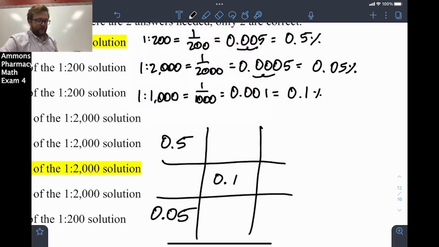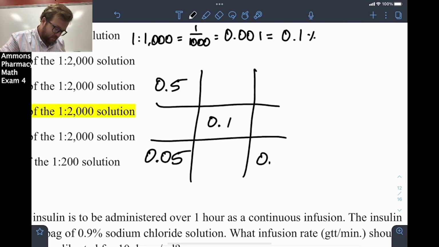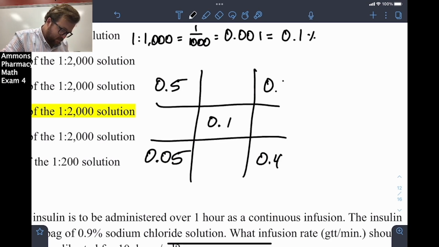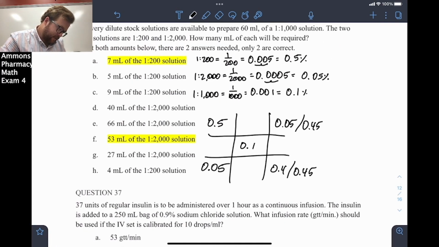So don't forget your zeros. So you add them together, and you'll get 0.45. How many mils are we making?